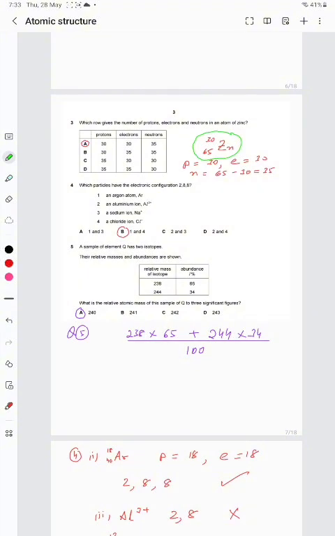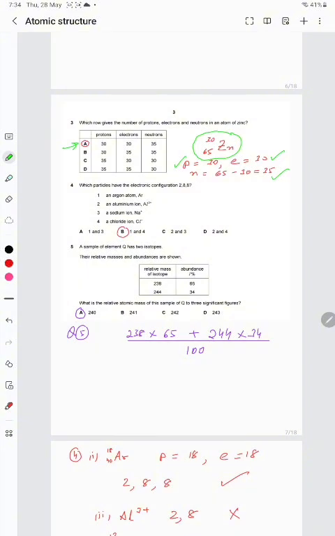One is 30 and the other is 65. 30 is the proton number, so you can interpret there are 30 protons and therefore 30 electrons. Protons and electrons are always equal, because in a neutral atom, protons and electrons are equal. And the number of neutrons is 65 minus 30, which is 35. So you can choose which choice is according to your working, so it's choice A.